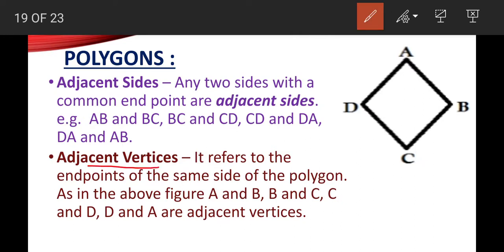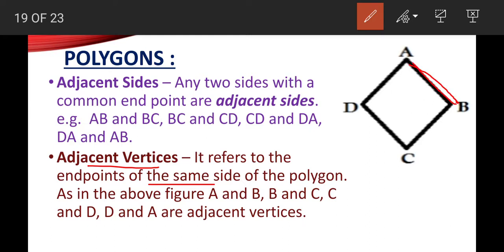Now come to the next one, adjacent vertex. It refers to the endpoints of the same side. If we select any side of a polygon, the endpoints of that side, or we can say the vertices of that side, are known as adjacent vertices.